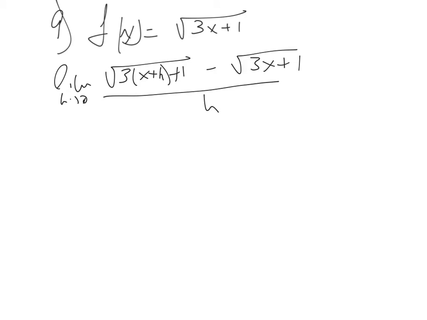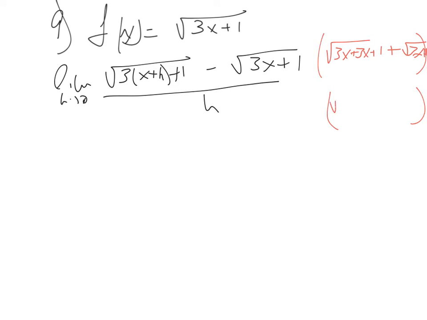Now when we do this, we have to multiply the numerator and the denominator by its conjugate. So we're going to multiply this by the square root of 3x plus 3h plus 1 plus the square root of 3x plus 1.